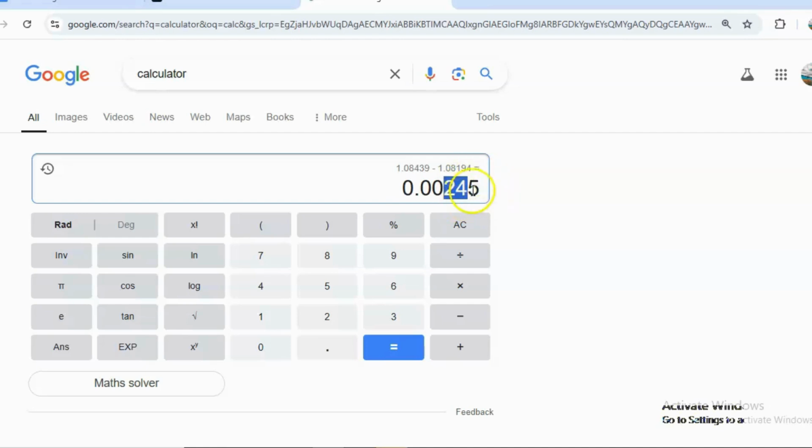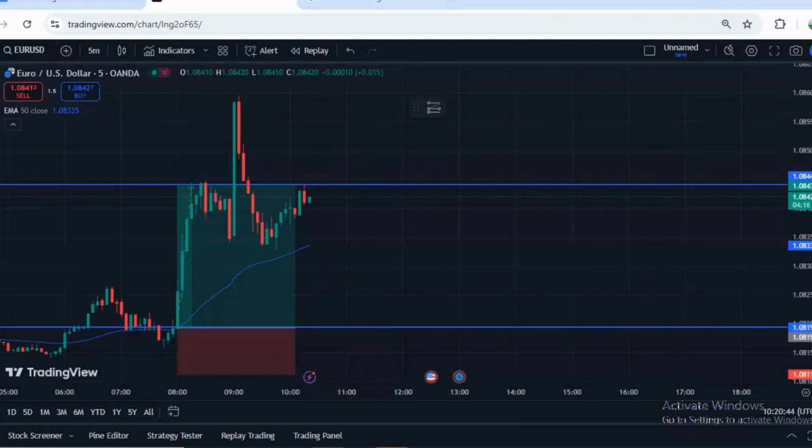I'm just going to ignore the 5 because the 5 is the pipette. So we made a profit of 24 pips. That's how you calculate the pips or the pip value.